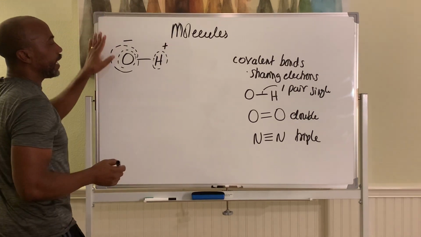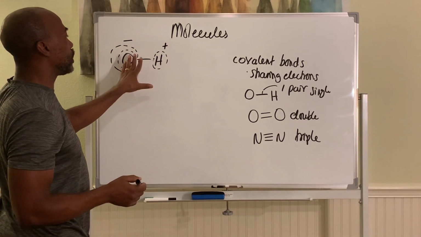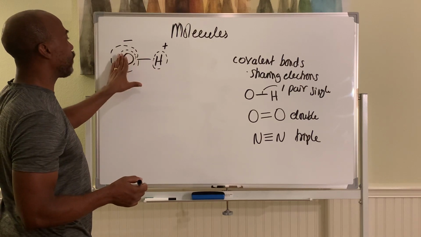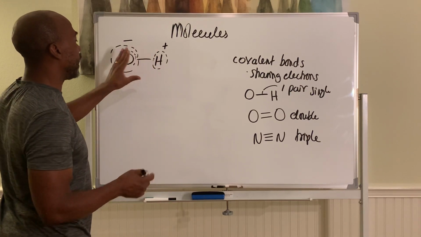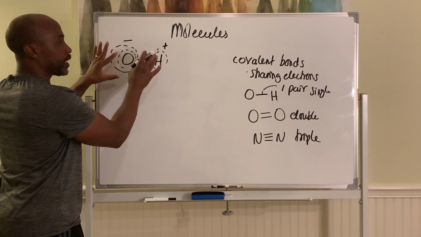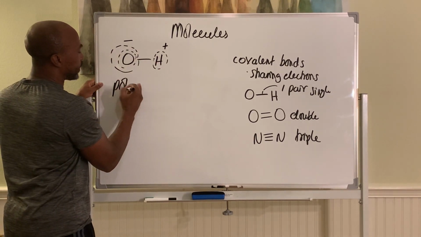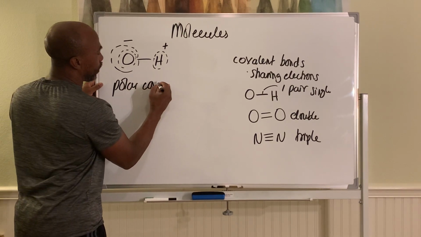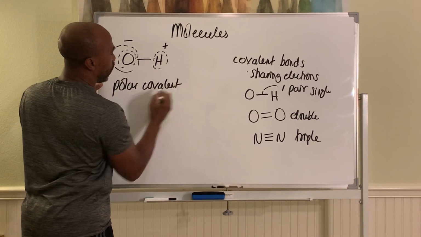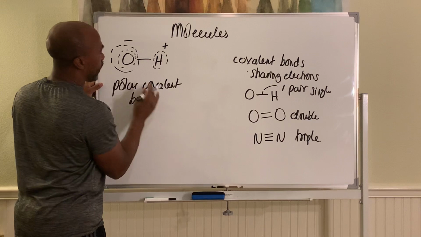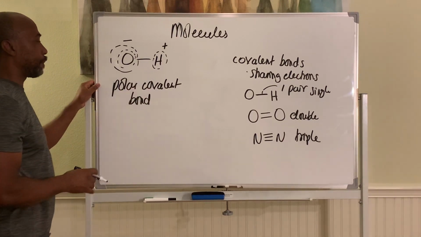So in a covalent bond where the electrons spend more time on one side versus the other, it creates small charge differences across the bond. This is called a polarized or polar covalent bond, where the electrons are not being equally shared.